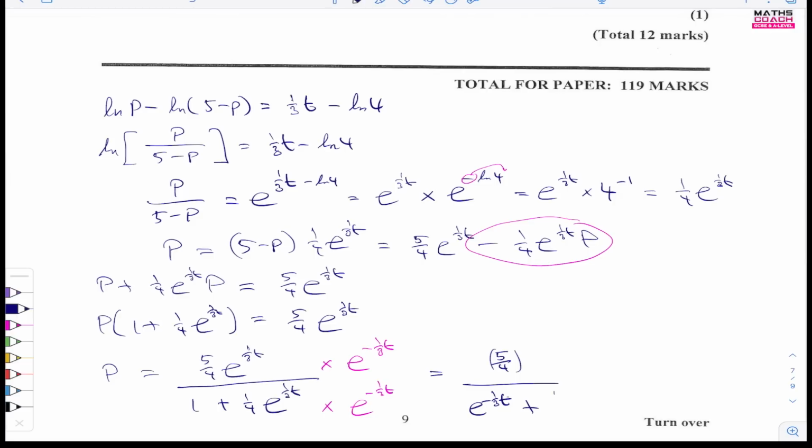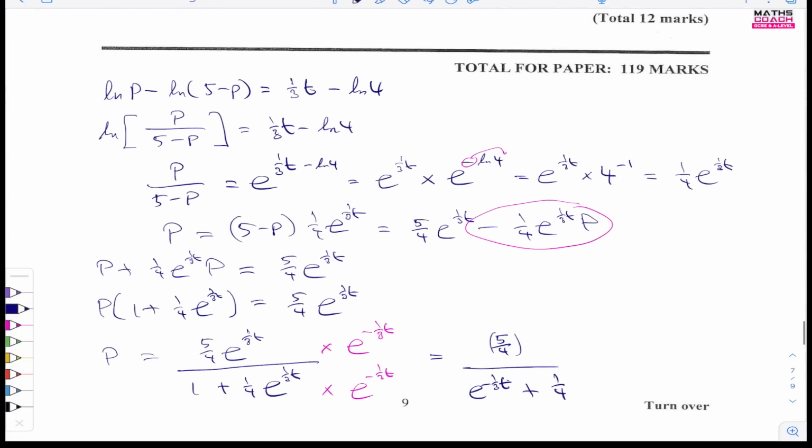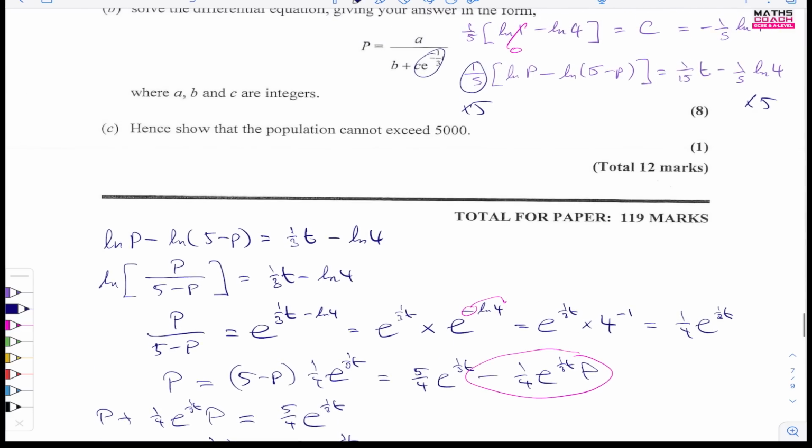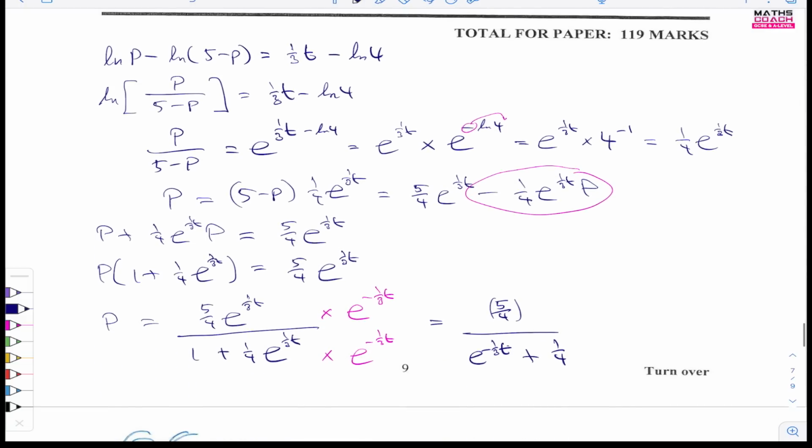The e cancels, so we just get 1/4 back from that. Okay, but here it says that the constants need to be integers. So to be integers, I just need to multiply top and bottom by 4 to get rid of the fractions. So we get 5 over 1 plus 4 e to the power minus 1/3 t.